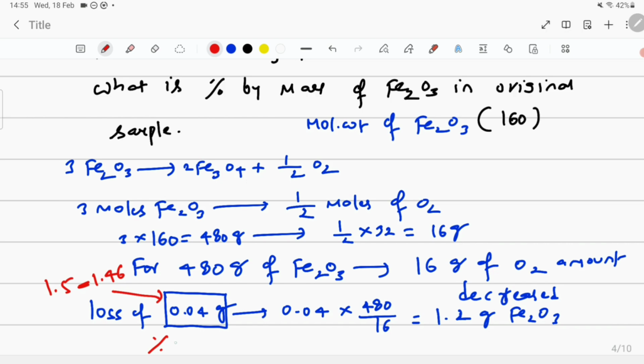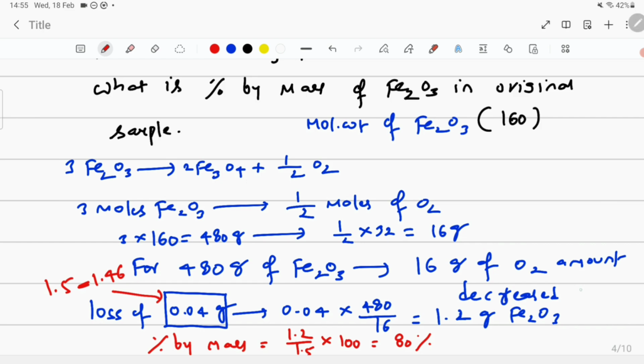So then percentage by mass is equal to 1.2 by total mass, how much? 1.5. 1.2 by 1.5 into 100, which is 80%. Once again, see the reaction: first we wrote the number of moles, based on that we converted into grams. 480 grams, 16 grams of O2 removed, and then here they mention 0.04 grams.